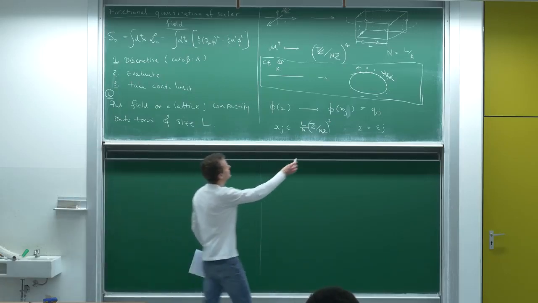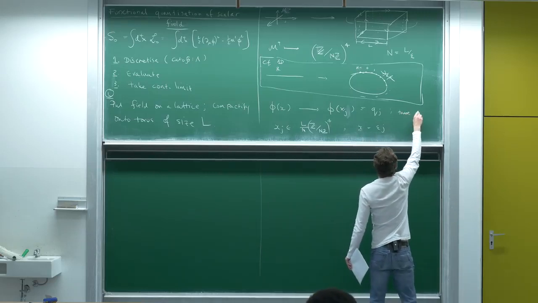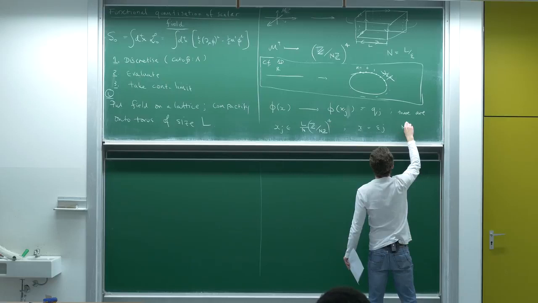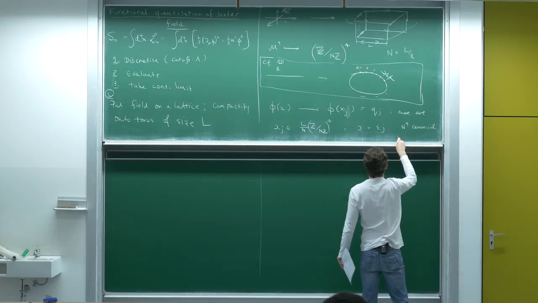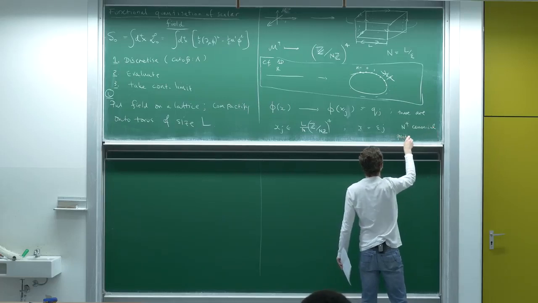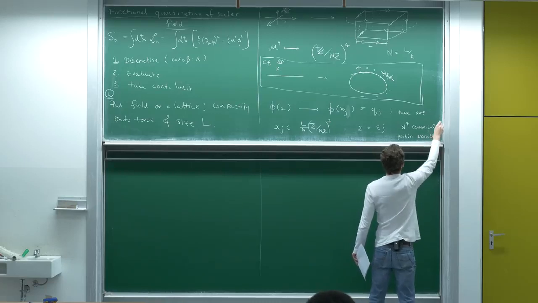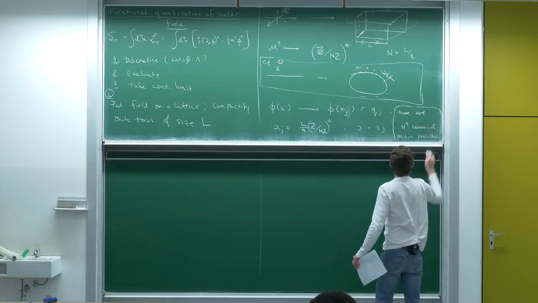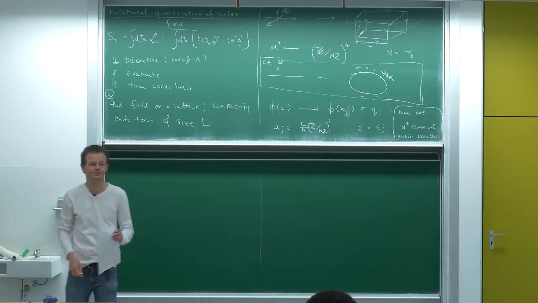This is our set of discrete variables. There's n to the 4 of these canonical position variables.